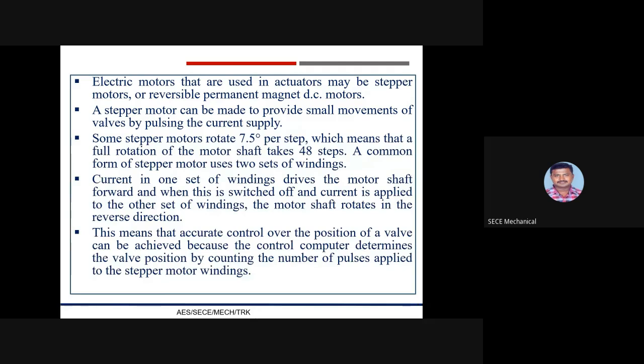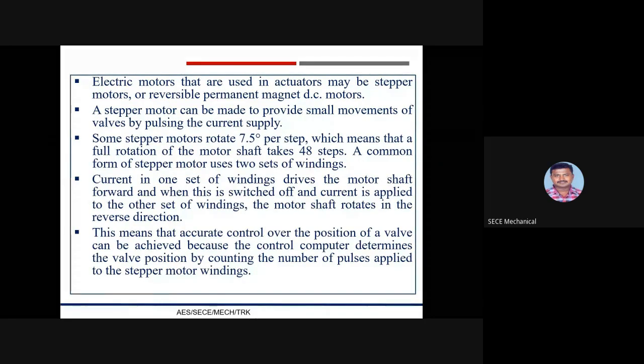A common form of stepper motor uses two sets of windings. Current in one set of windings drives the motor shaft forward, and when this is switched off and current is applied to the other set of windings, the motor shaft rotates in the reverse direction. So for forward and reverse, there are separate windings.